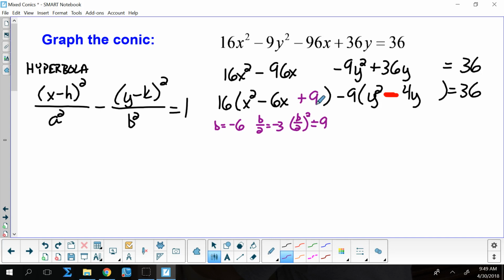But now I've unbalanced my equation. So what do I have to add to the right side? Daniel says 9. Is he correct? He's not. Declan, why? Because you have to do the times 16. This 9 right there is being controlled by that 16. So does anybody know what 9 times 16 is? 144. So really over here, I've got to add 144.